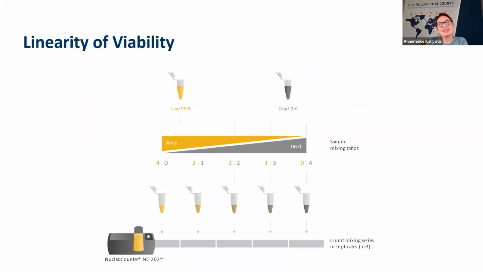So the other thing that's really important to look for is linearity of viability. That also should be linear, of course. So in this experiment, we took live cells, and it has to be a really good live sample of cells, say at least 95% or above, and then mixed it with dead cells in a known ratio.